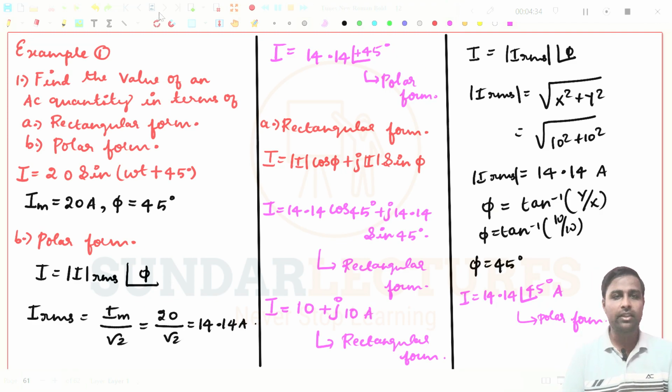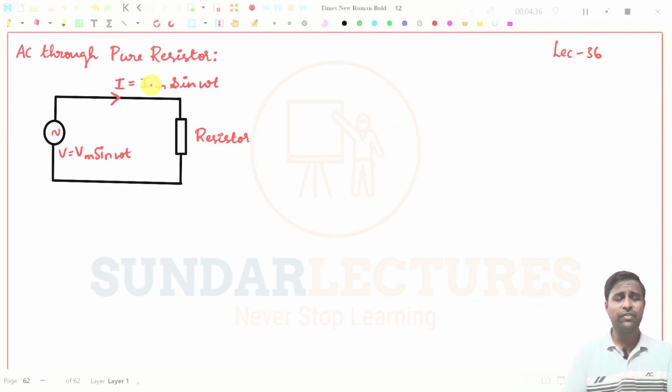Okay, now in this class we are going to see AC through a pure inductor. Before that, you need to know certain basic things to understand what is the power in an AC circuit or power in any circuit. So how can you easily understand? See, this is the source.